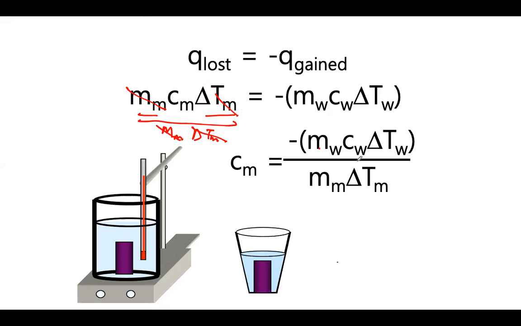So we have everything here. We have the change in temperature of the water, the specific heat capacity of water, the mass of the water, and the mass of the metal, right? So we apply our formula, and we get the specific heat capacity of metal.